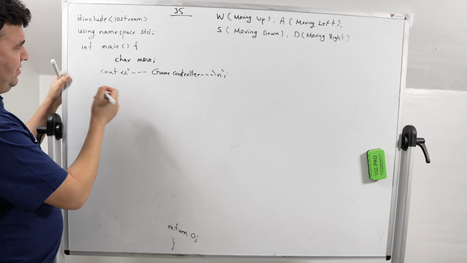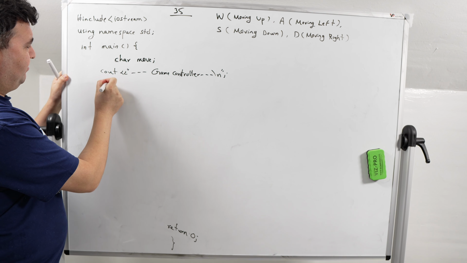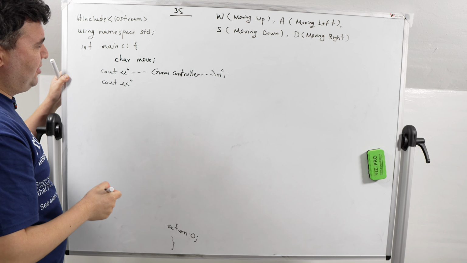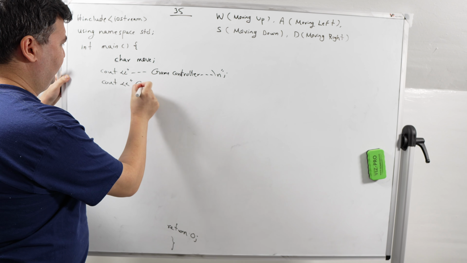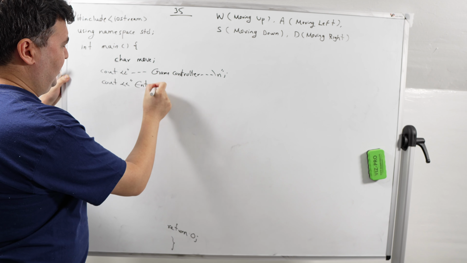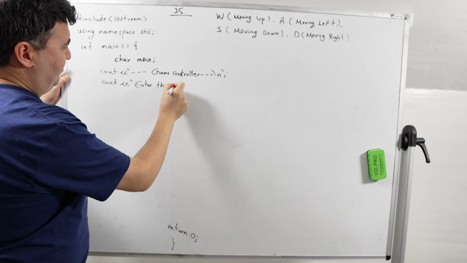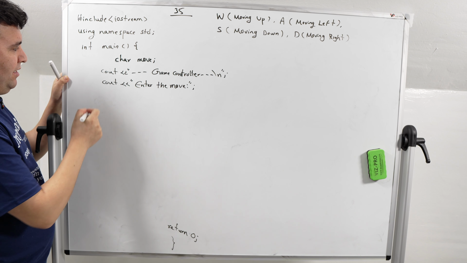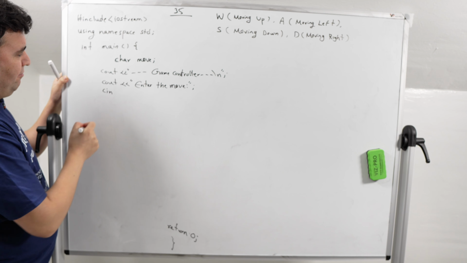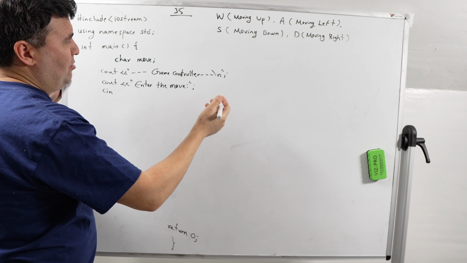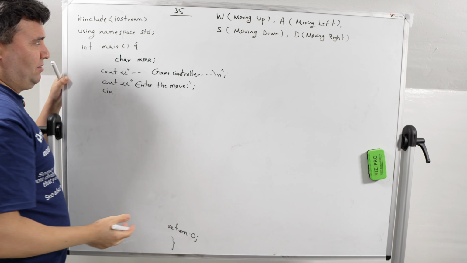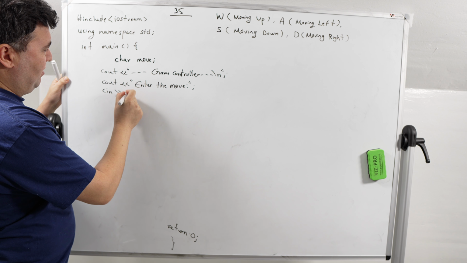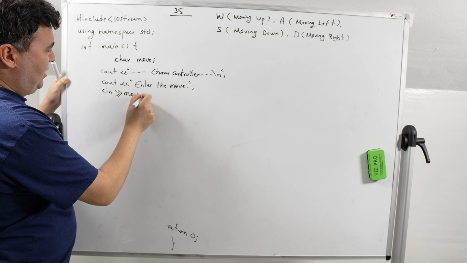And now I ask the user, cout, "Enter the move". Whenever the user enters W or A or S or D from the keyboard, we store that inside the move variable using the cin function.